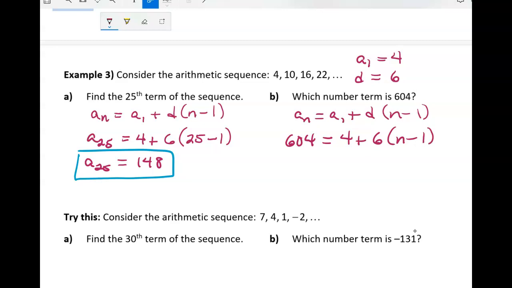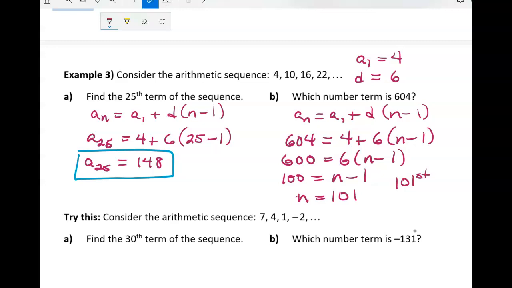And so I think the easiest way to solve this one is to subtract 4 from both sides, divide by 6, and add 1. So which number term is 604? The 101st term is my answer. By the way, you can distribute first if you like before you start to solve for n in that equation. Either way, it'll work out the same.